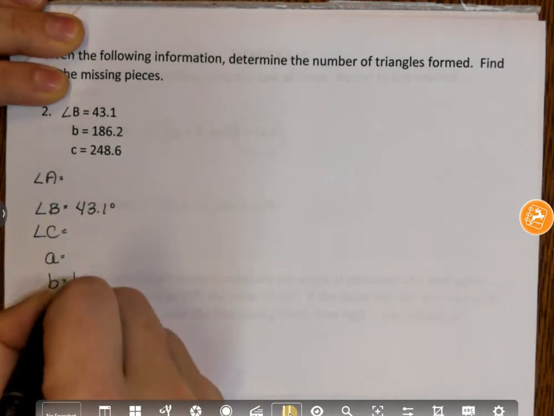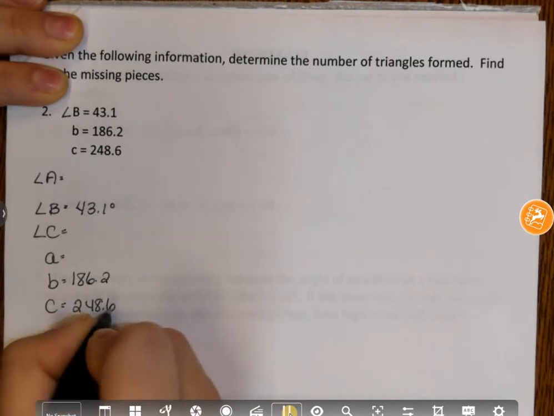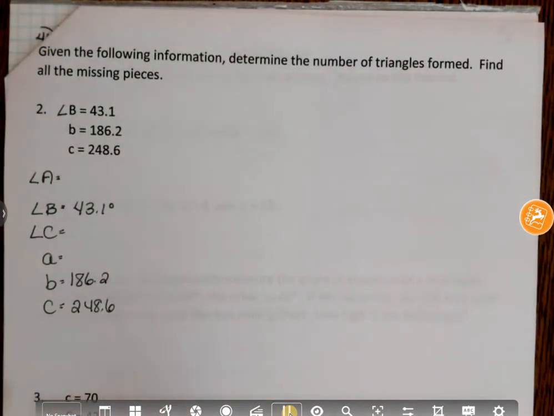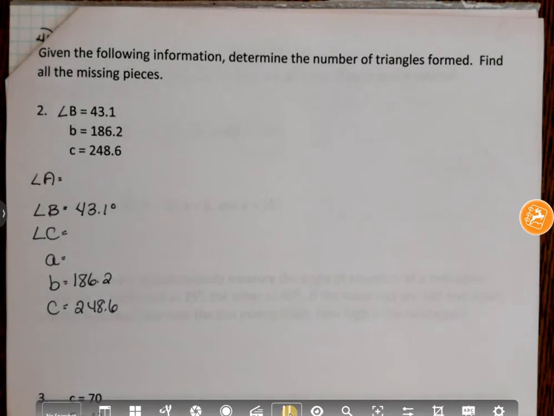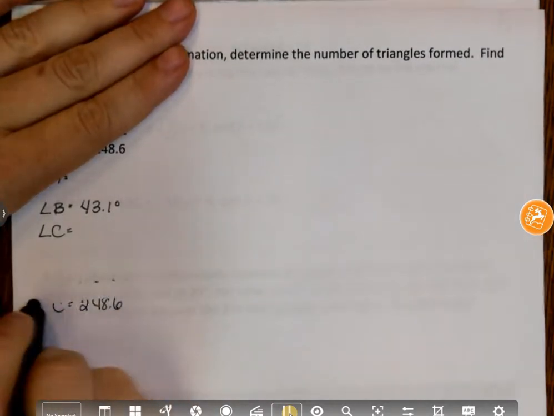Lowercase letters are your sides. Okay? Why did I do it over there? I like writing them side by side. And see, my pair is easier that way.